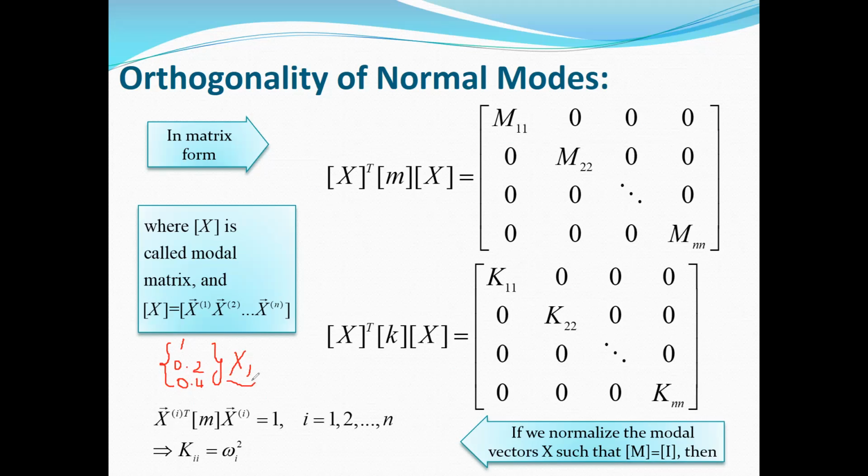So this x1 must be obtained when you substitute this modal vector in the modal matrix. We have one unknown, which is x1, and it is obtained from this equation by normalizing the modal vectors x. You will see in the examples that the procedure is pretty simple, and you can easily obtain the matrix x, and also the new matrices for the stiffness and the mass.